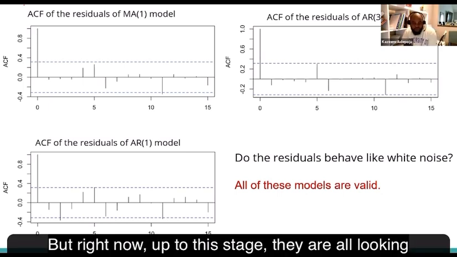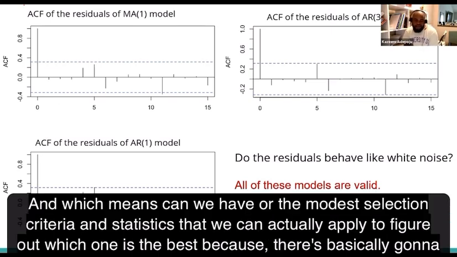Up to this stage they are all looking promising, but you don't have a position for 3. It's only one position that is vacant. Which means, can we have other model selection criteria and statistics that we can apply to figure out which one is the best? Even though the 3 can do the job, we need one that stands out among them.